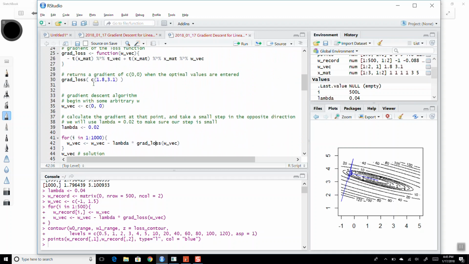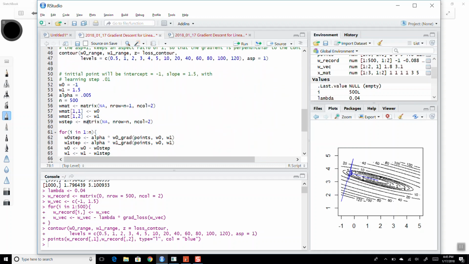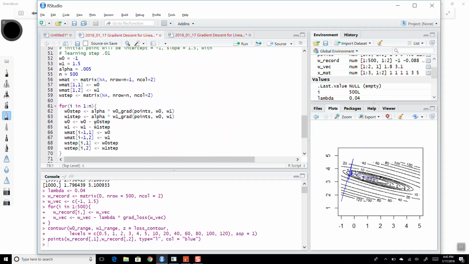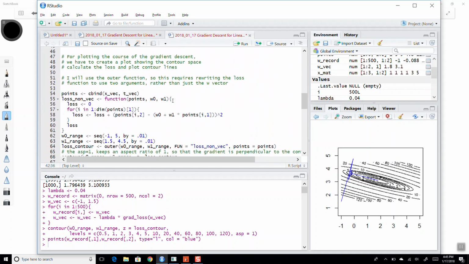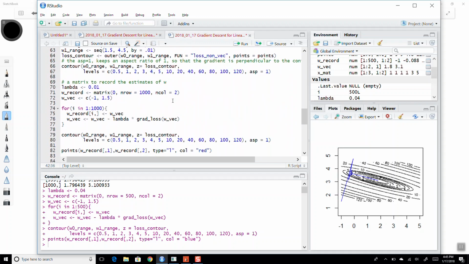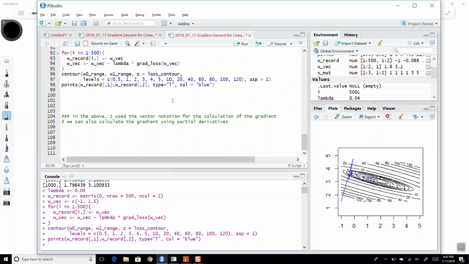Because the functions are working in matrix form rather than having to have a separate function for each partial derivative, for W0 and a partial for W1 and a partial for every single term. If we're comfortable working with things in vector and matrix notation and taking the derivative or gradient in vector form, we can do this, okay?